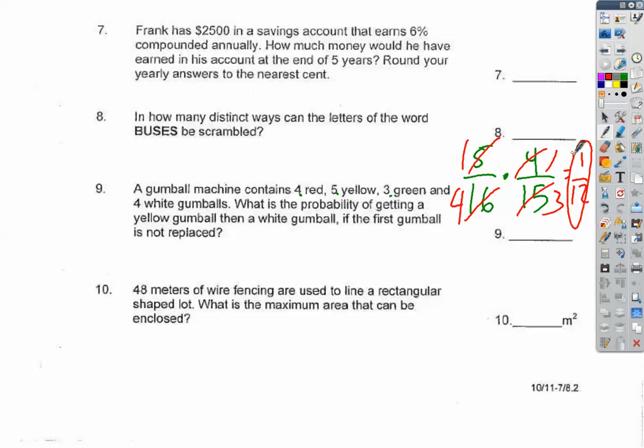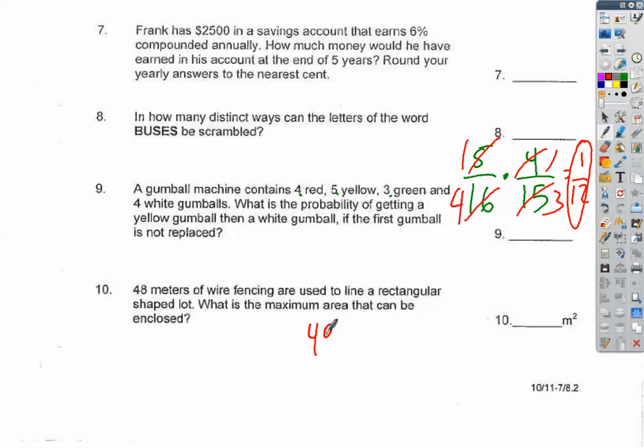Question 10. 48 meters of wire fencing are used to line a rectangular shaped lot. What is the maximum area that it can enclose? Now in 8th grade, we talked about squares having the largest area possible for a fixed perimeter. So the question is, can I get this into a square? And so a square has 4 sides, each side is equal.